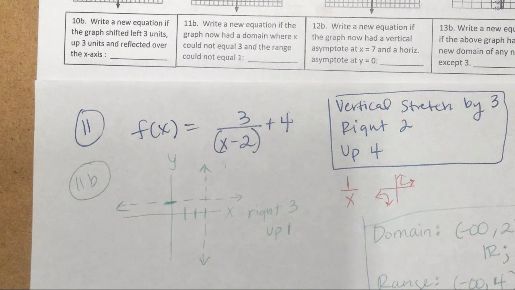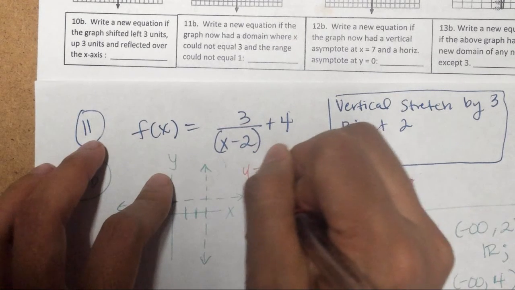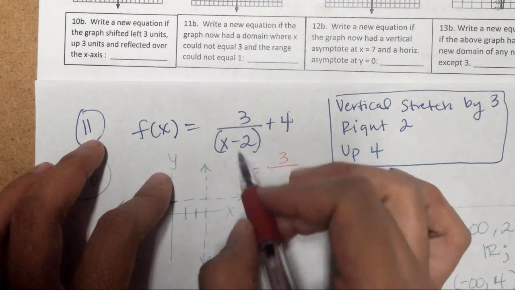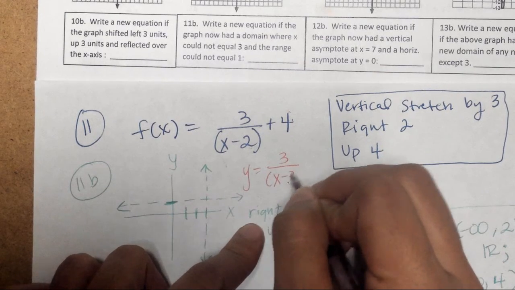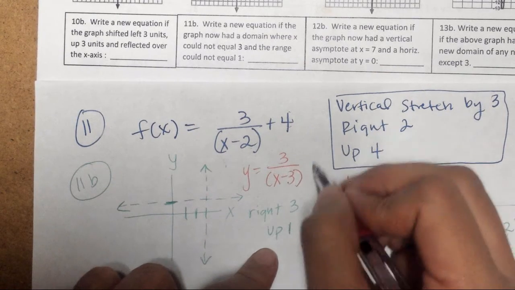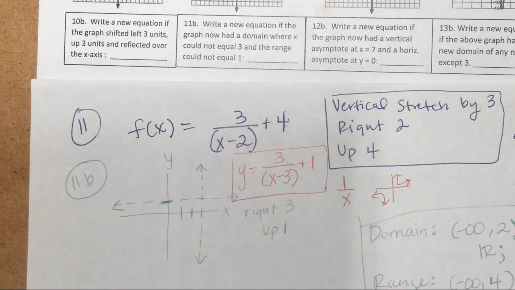So they want us to write a new equation. My equation is just going to change. Keep the vertical stretch the same, but instead of going right 2, this one's going to go right 3. So it's x minus 3, and instead of going up 4, it's now just going to go up 1. So there's the answer to that.